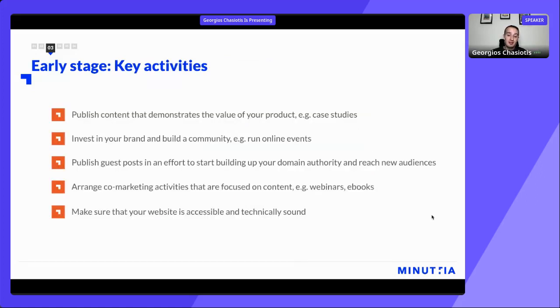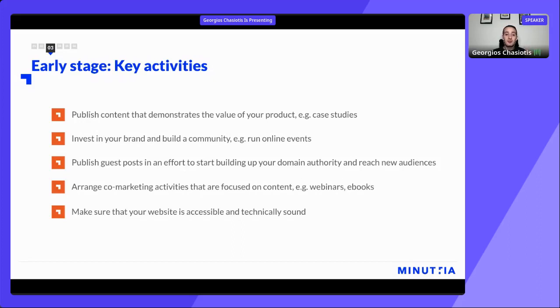Now the question obviously is, okay, but what can we do if we are at this stage? What are the activities that we can invest time and resources into? The first one that you can do is to publish content that demonstrates the value of your product. Okay, for example, case studies, customer stories, anything that could demonstrate the value of your product.